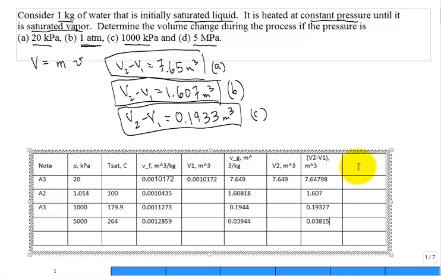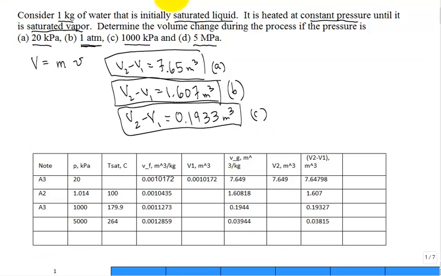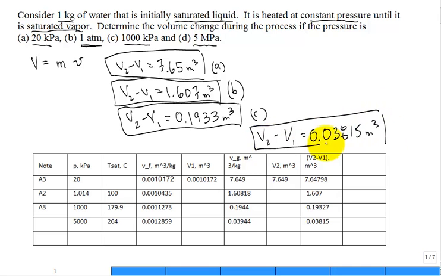Close enough. So we could come up here and write our last answer: V2 minus V1 equal to 0.03815 meter cubed. Box it, and that's the answer for part D.